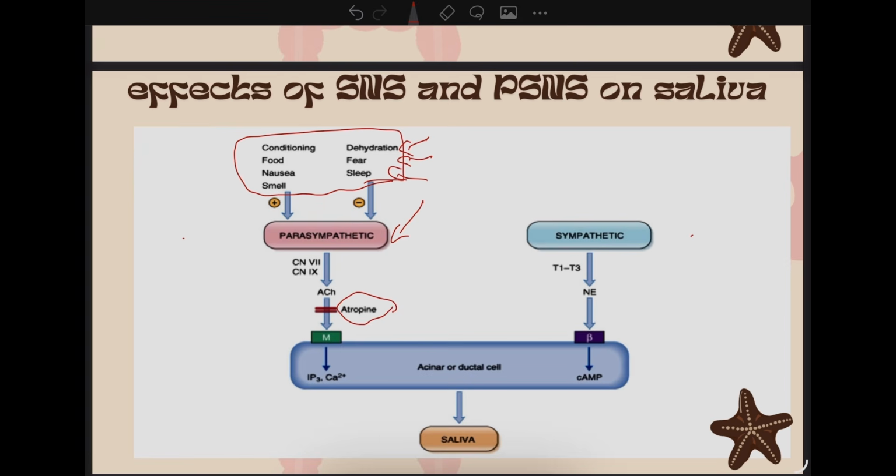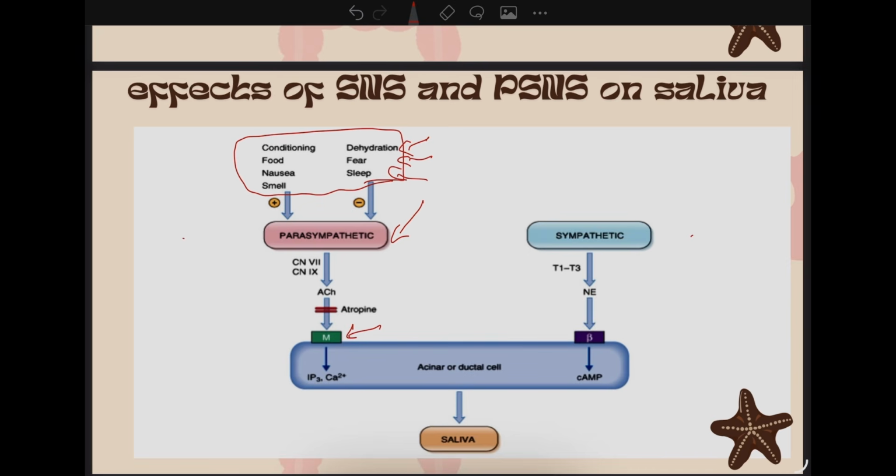I want to talk about atropine. Atropine is a chemical coming from a plant which is a blocker of M cholinergic receptors. Sorry, not muscarinic. Sorry guys, please.